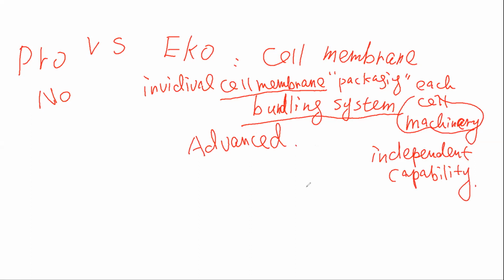Okay, so that's a major difference. Now, the second thing I want to ask is also a question. You see in eukaryotic cells there are so many complicated machineries.